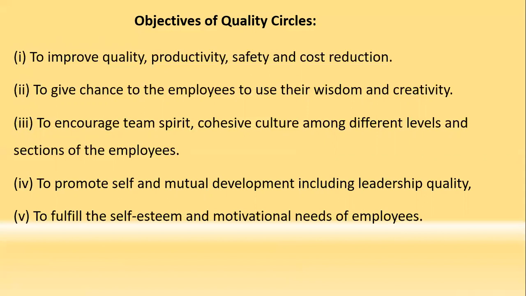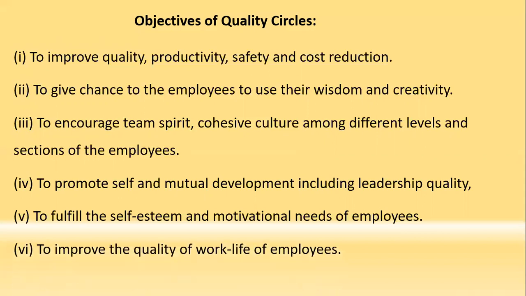All these come under self-esteem and motivational needs. So quality circle will look into all these things to improve the quality of work life of employees as a whole. These are all the objectives of quality circle: to improve quality, productivity, safety, and cost reduction.